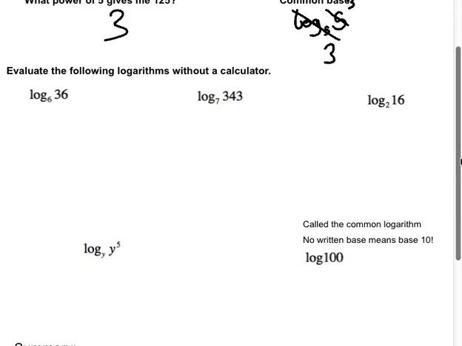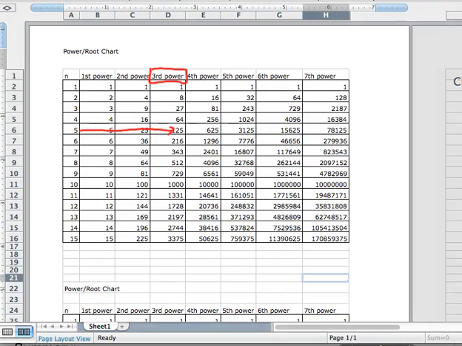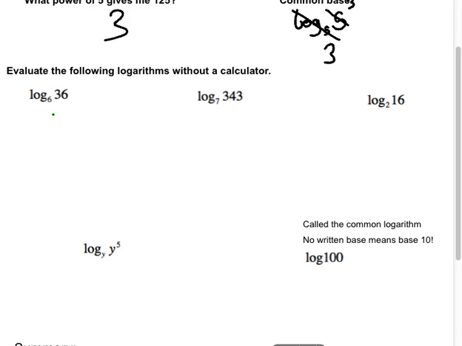So for example, for that one, log base 6 of 36. You're asking yourself the question, what power does 6 need to become 36? And again, the resource you'll have for your test is going to be this powers chart. Well, 6 squared gives me 36. So my answer to that one is simply a 2.